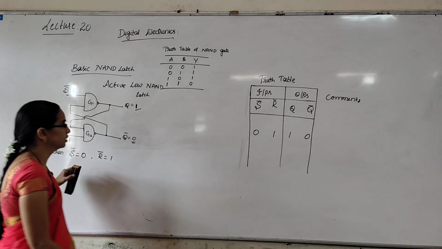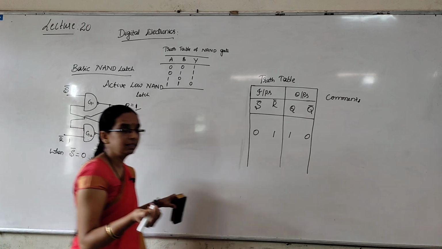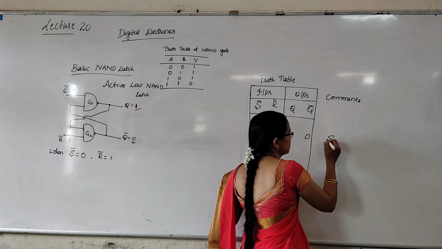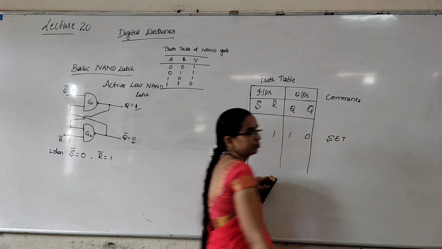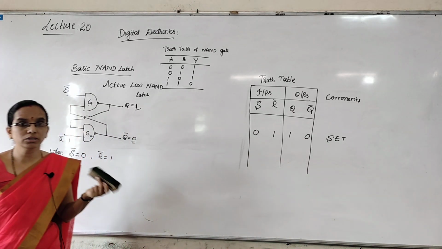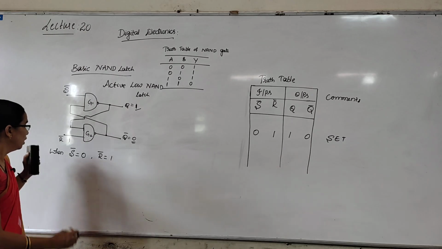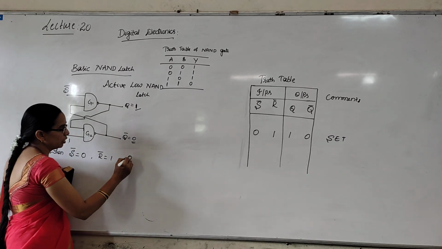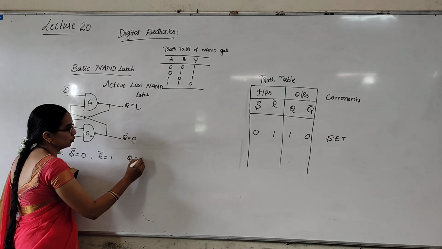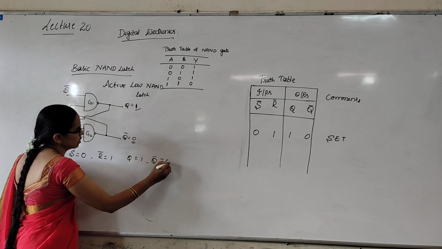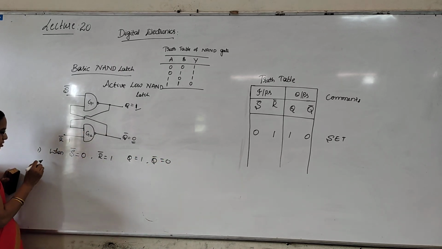And when Q is 1, that is called the set state. Q only decides the state of the latch. So here Q is equal to 1 and Q bar is equal to 0, for the first case we considered.